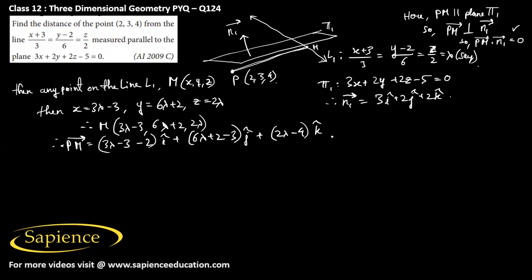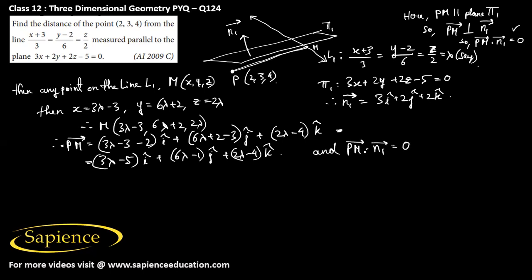So this will be equal to (3 lambda - 5) i cap plus (6 lambda - 1) j cap plus (2 lambda - 4) k cap, and PM vector dot n1 vector should be equal to 0.